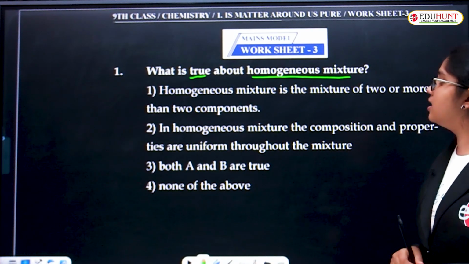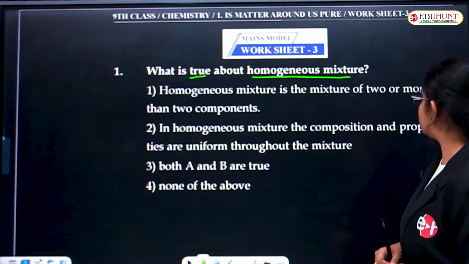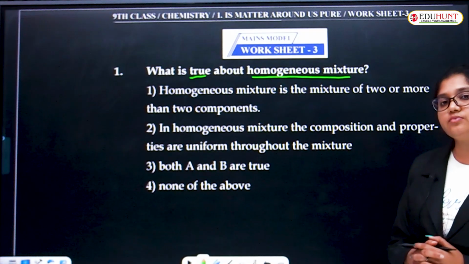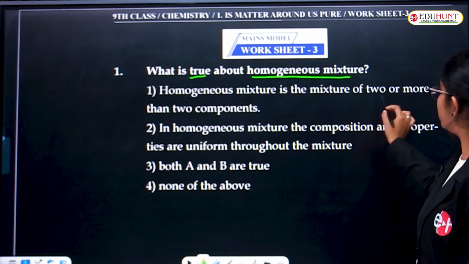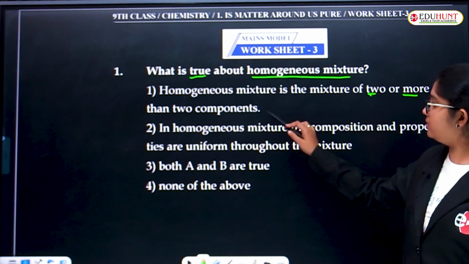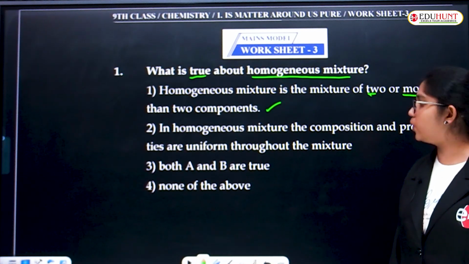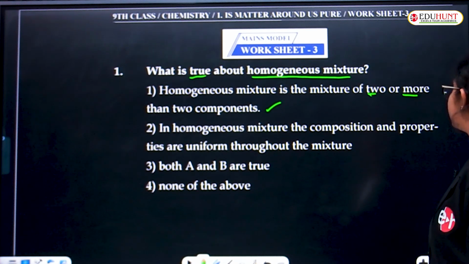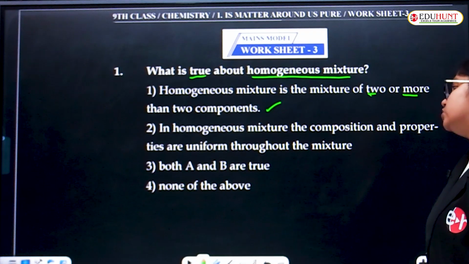First one: homogeneous mixture is a mixture of two or more than two components. Is it true? Yes, it may be. Now, option 2: in homogeneous mixture, the composition and properties are uniform throughout the mixture.